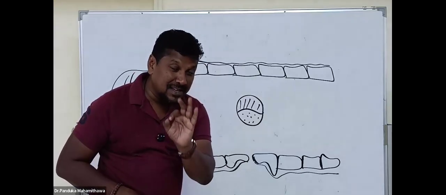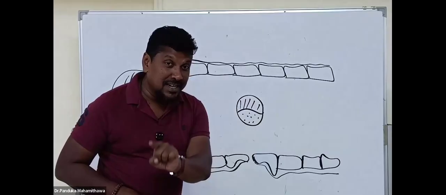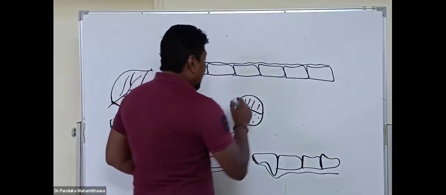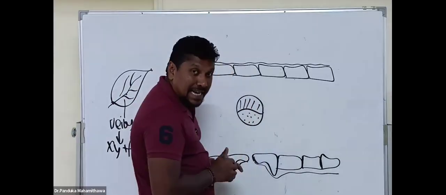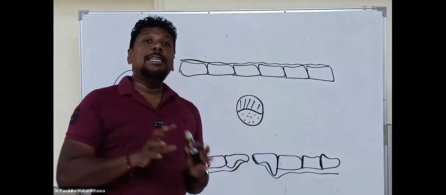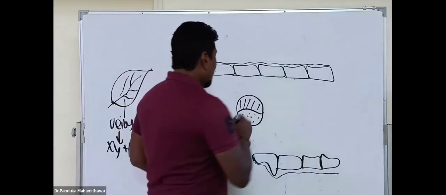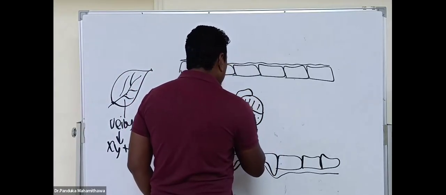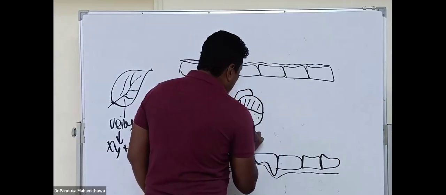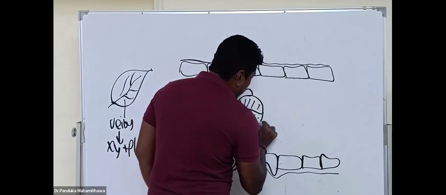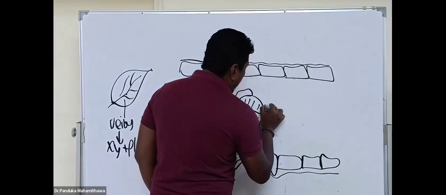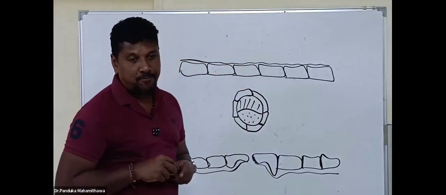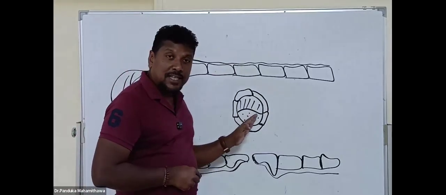Can you remember those cells, which we needed in the C4 mechanism? Covering this vascular bundle, you have the bundle sheath. Those cells are called bundle sheath cells.